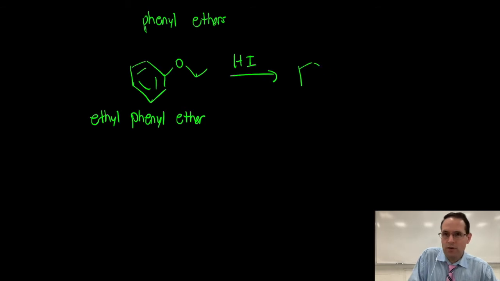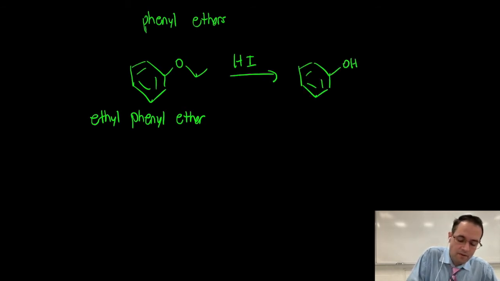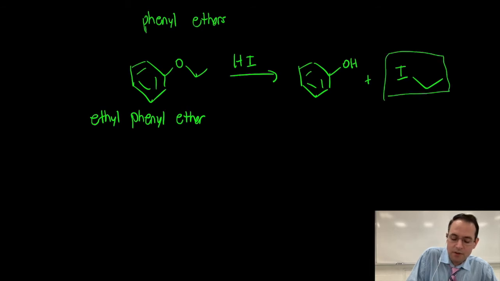What you're going to form, and we're not using excess, what you're going to form is a phenol. And your alkyl halide, in this case, is going to be iodoethane.